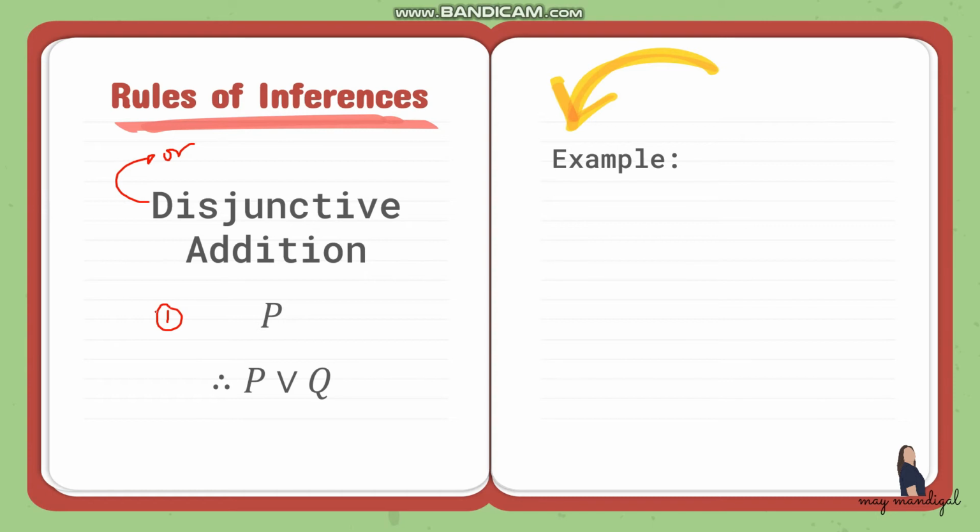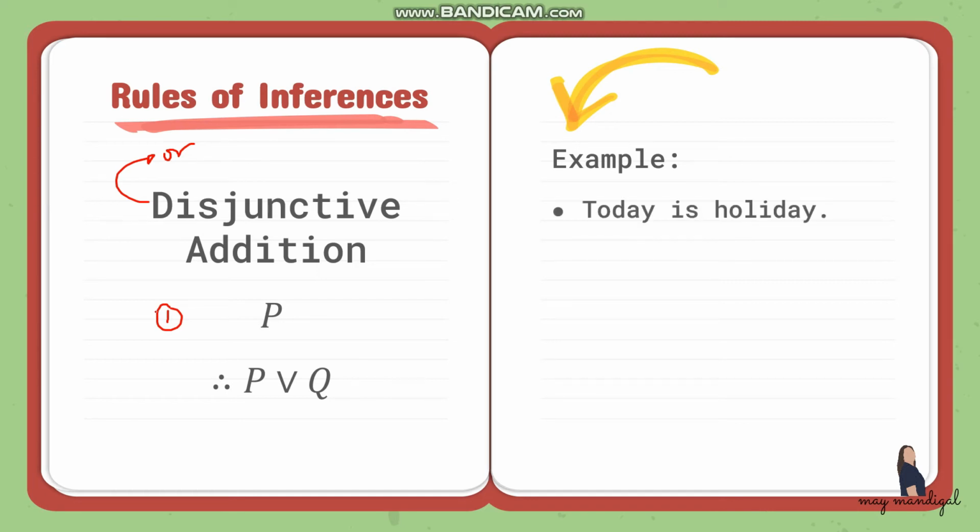We can add another proposition to it and connect it using or. And you can add anything that you want because as long as P is true, the conclusion will also be true. Okay? Because again, when we use or in disjunction, either of the two should be true and we can still assume that the whole compound proposition is true.